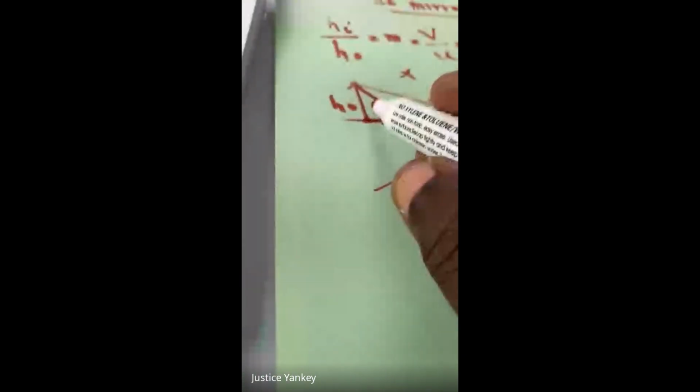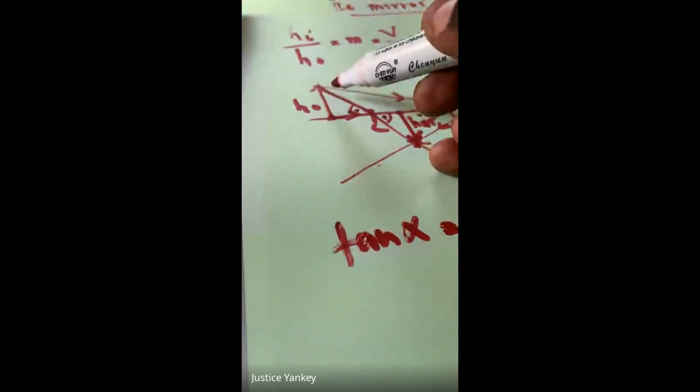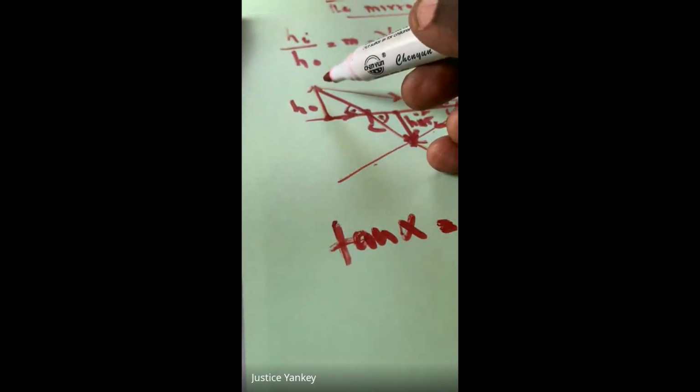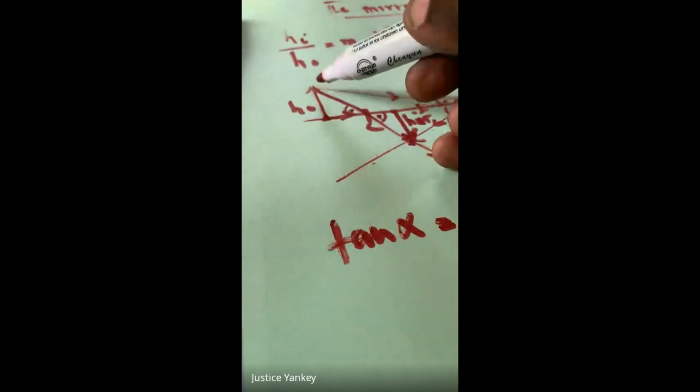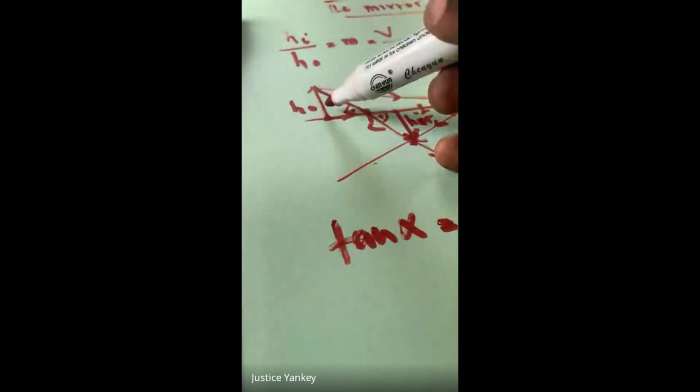Now, we are going to use trigonometry. For this triangle here, which is a right angle triangle, tan of the angle alpha is going to be the height of the object h naught over the adjacent.